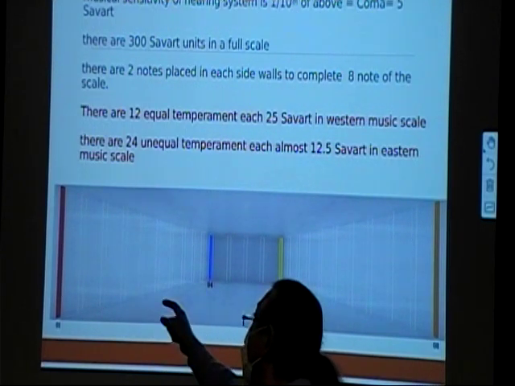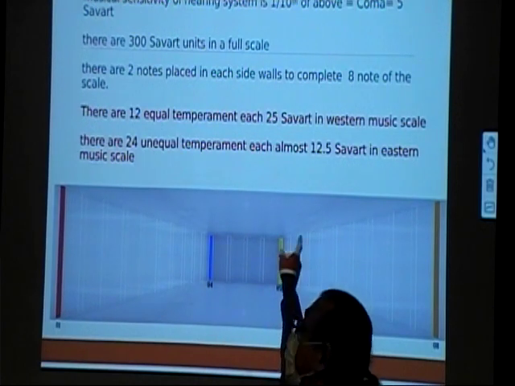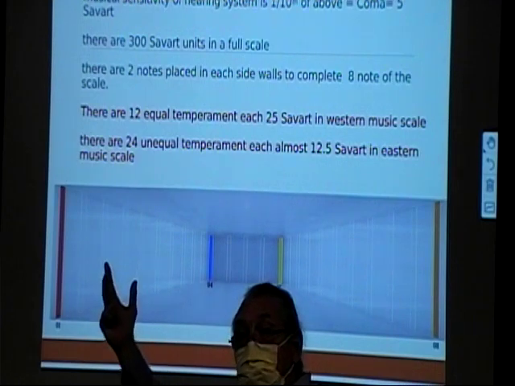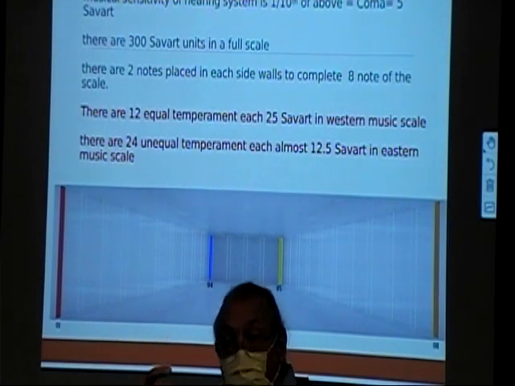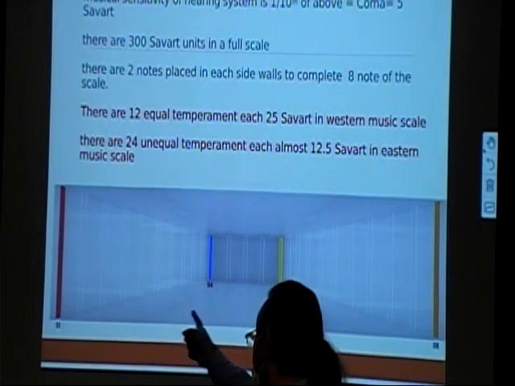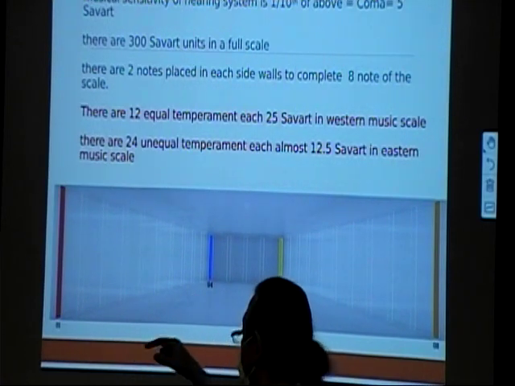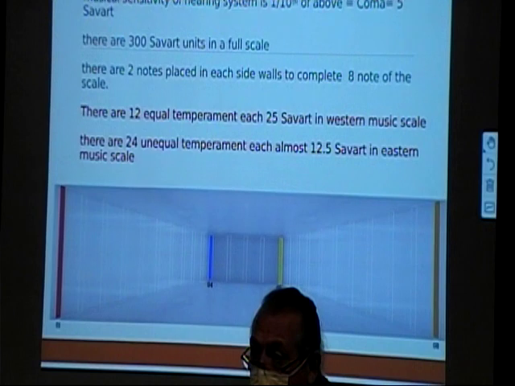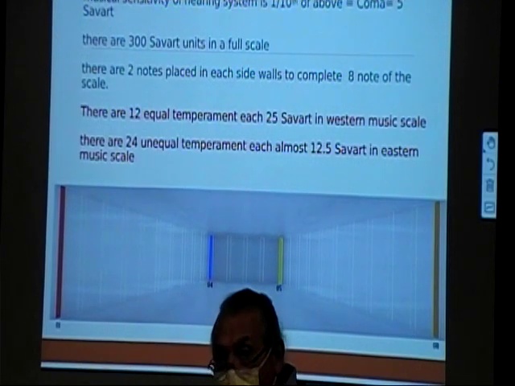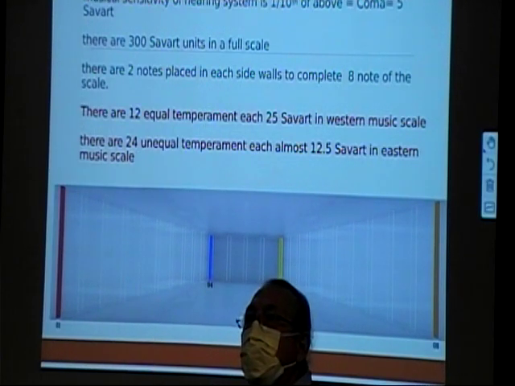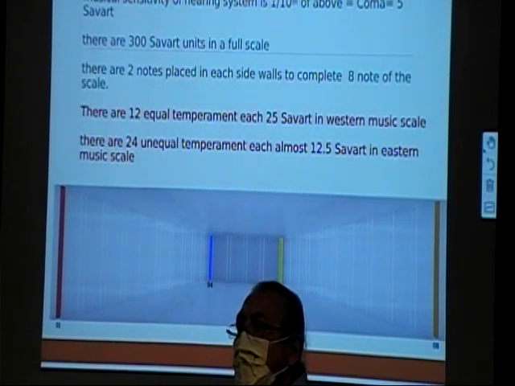So we have a scale of 24, but the Western countries follow a scale of 12 notes. You divide the whole area by 12, we divide it by 24. So we have some notes in between those notes that you're not using, which gives more possible colorful creations.